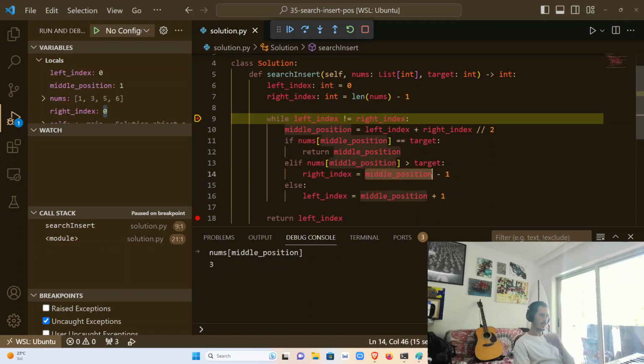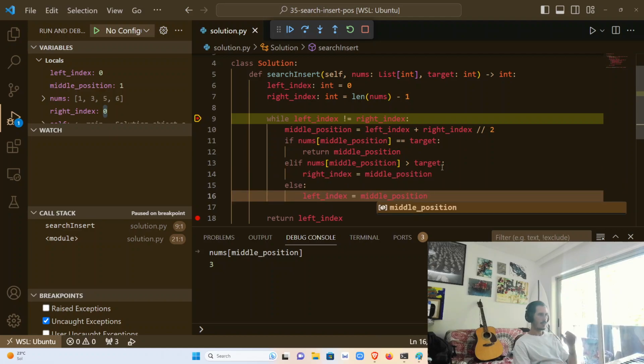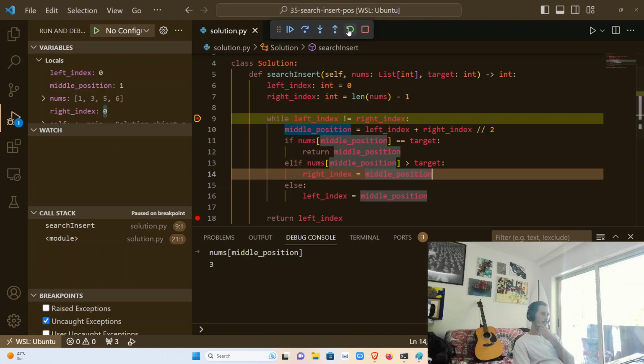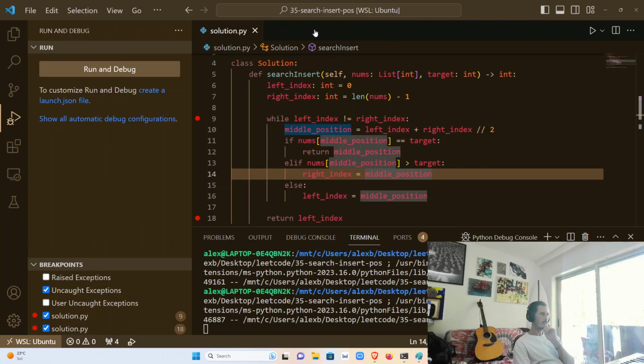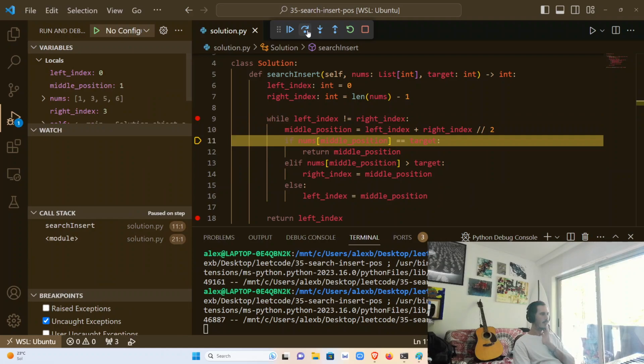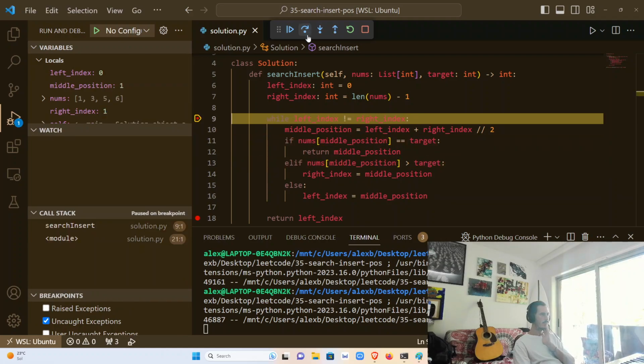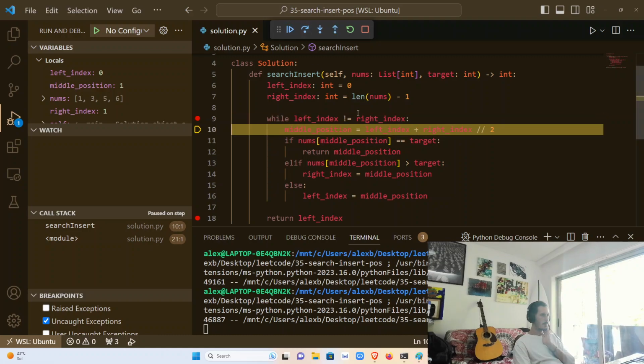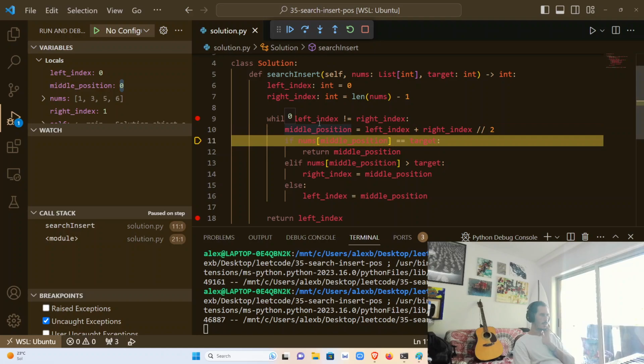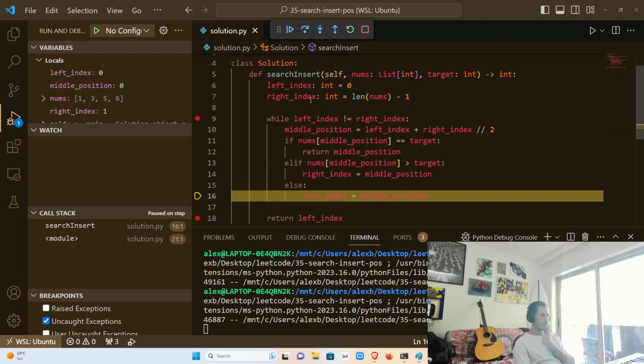I can't do this subtraction. 0 plus 1, that's the middle position 0, and the left index will still be 0. We don't want that.